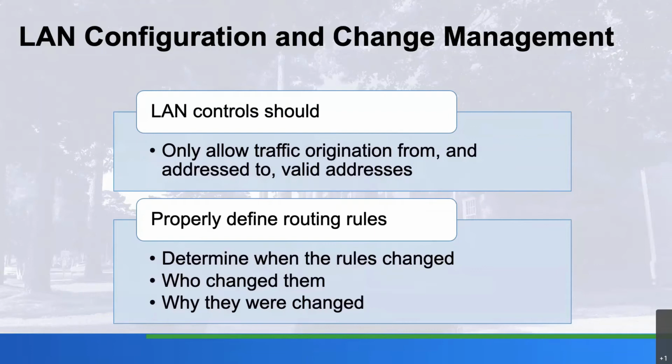If somebody gets in there and fools around with our routing protocol, they could route all of our traffic through their device and eavesdrop on us. We need to know when it was changed, who changed them, and why they changed them. That's why we need to have the change review or change management policy.